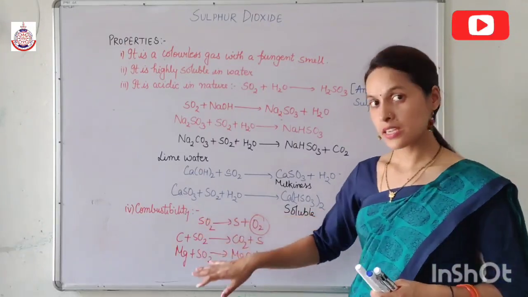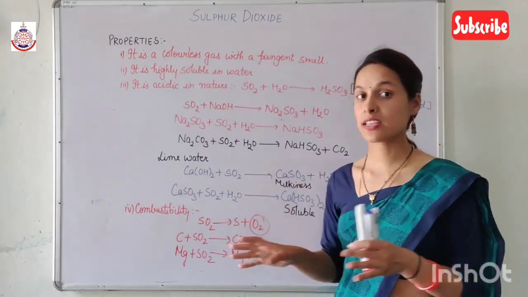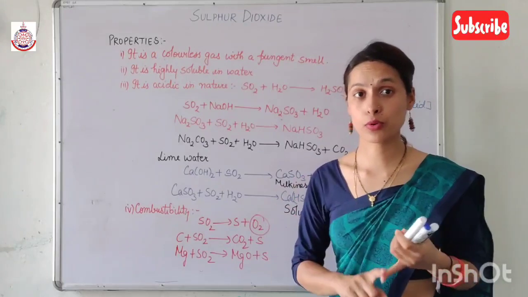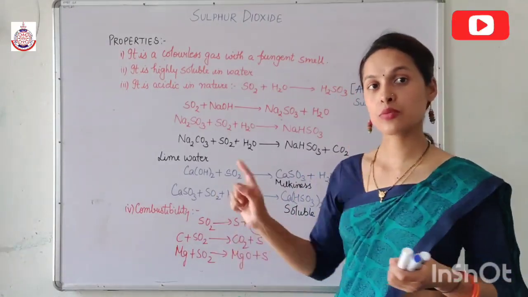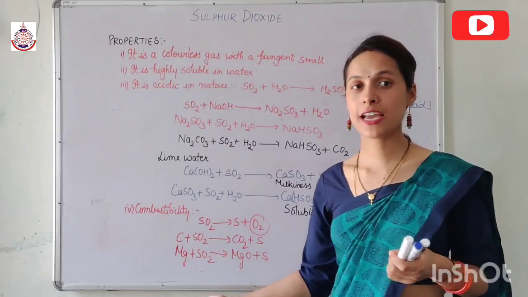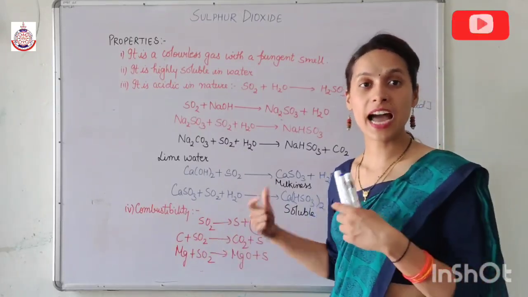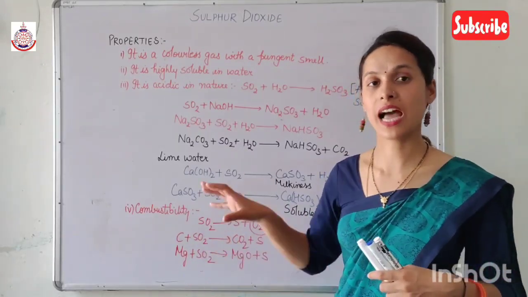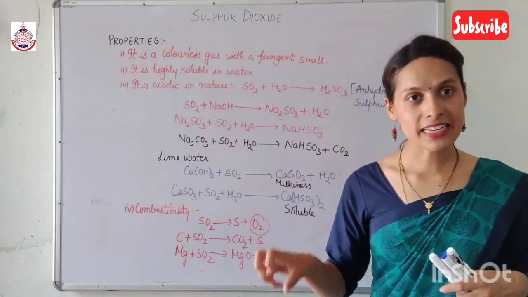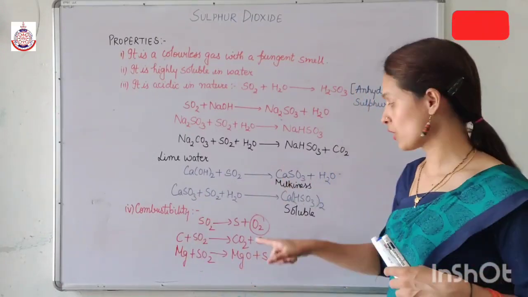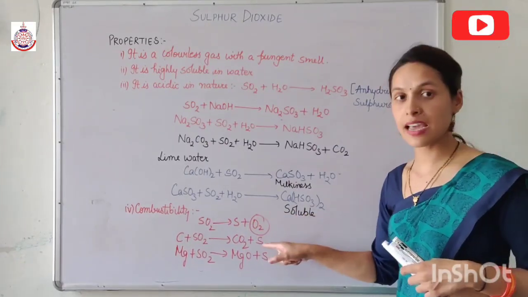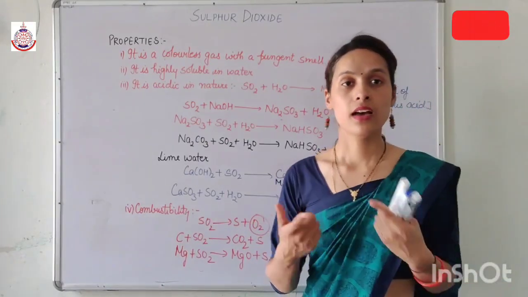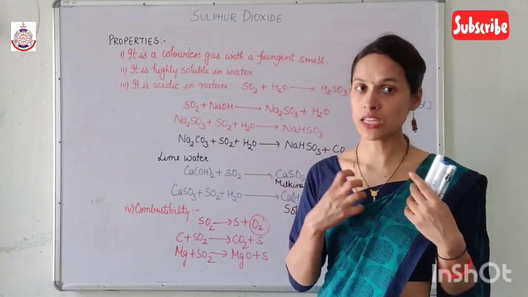So, first, sulfur dioxide is neither combustible nor a supporter of combustion. It is a true fact. But why do these metals keep on burning in the presence of sulfur dioxide? Because these are very high energy reactions, and that energy results in the decomposition of sulfur dioxide into sulfur and dioxygen, and this dioxygen helps in the process of combustion.